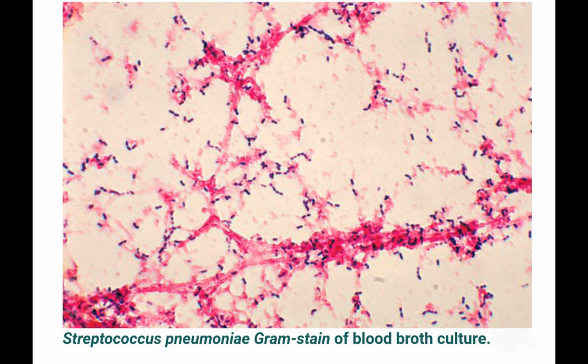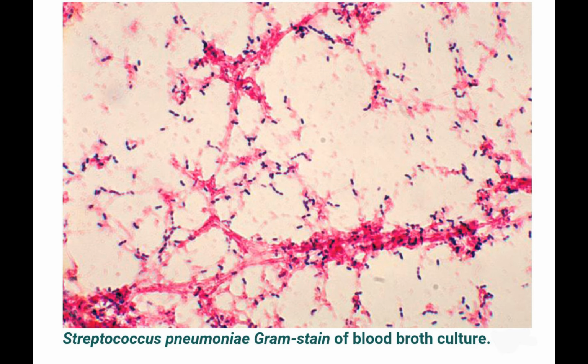Another thing we need to remember is the biochemical tests, and I'll be discussing how we differentiate it. These are a type of gram positive cocci, and in the cocci we differentiate on the basis of catalase.